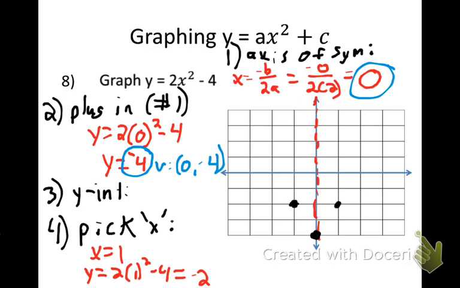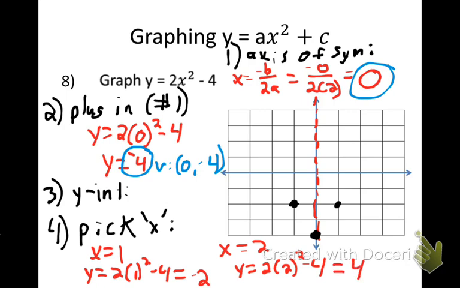Awesome. Now, because our line was on the axis of symmetry, I want you to pick one more value, just because I always want 3 on the side. So what's the next best value to pick, Jack? 2. Well, let's pick x equals 2. That seems logical. So now I get y equals 2 times 2 squared minus 4. 2 squared is 4. 4 times 2 is 8, minus 4 is 4.